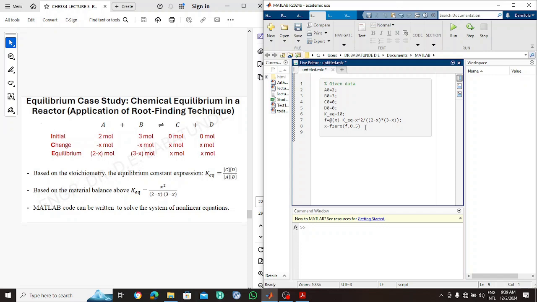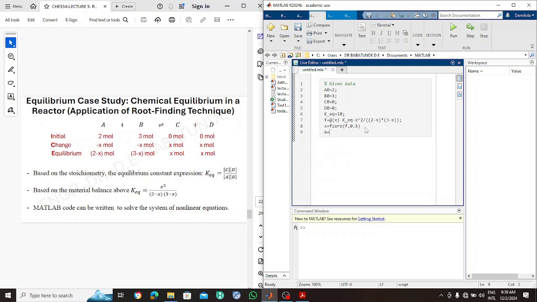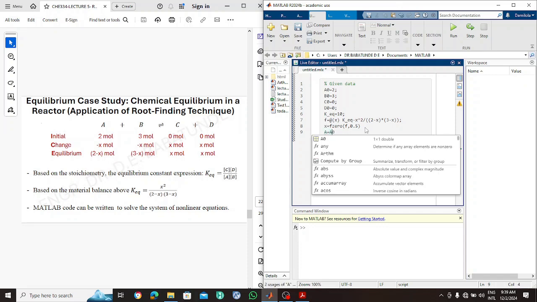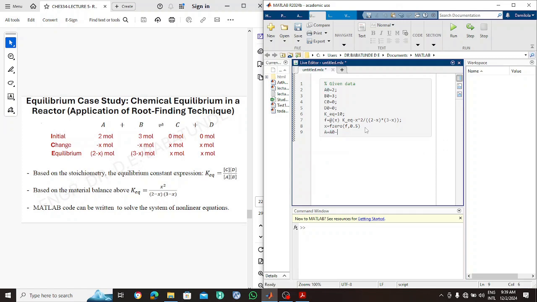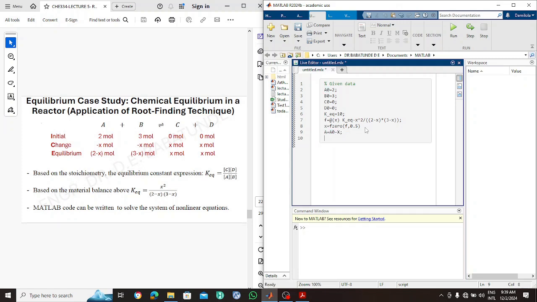For A, the concentration is, so let me call this A. The concentration is going to be 2 minus x, but instead of using 2, we have said A0. So let us call it A0, which is the initial concentration, minus x, right? So what's B?